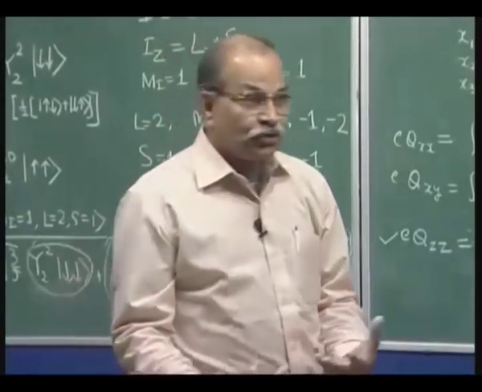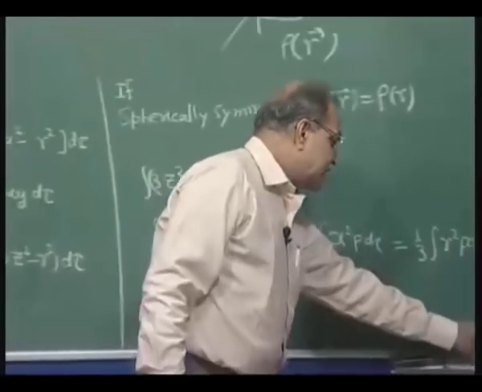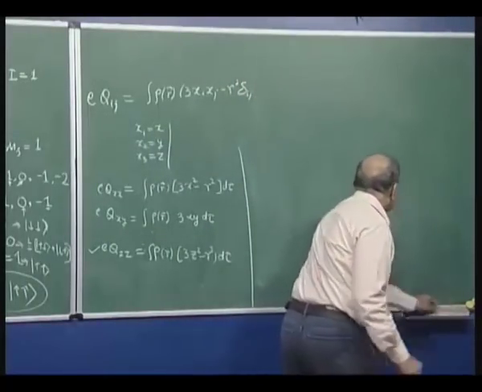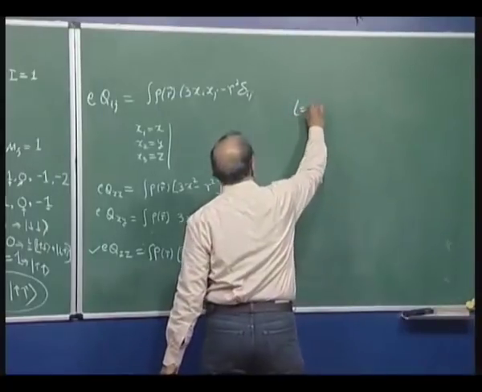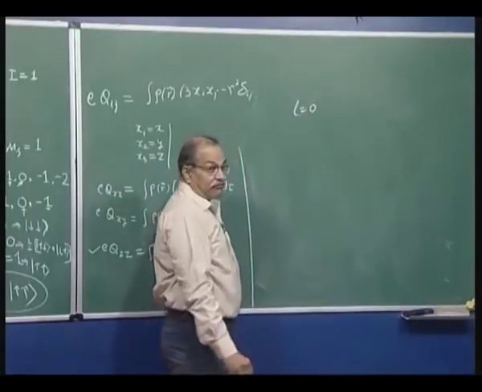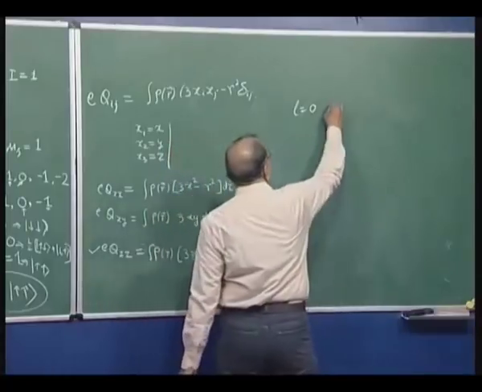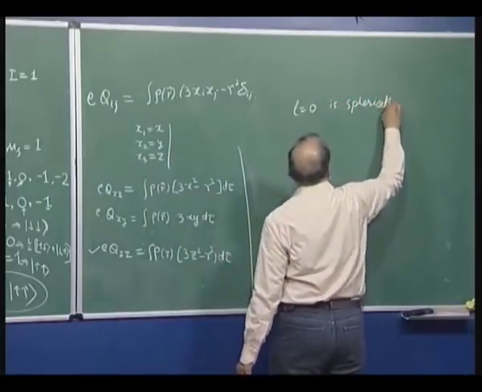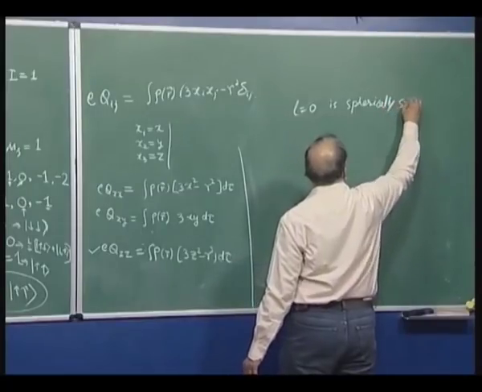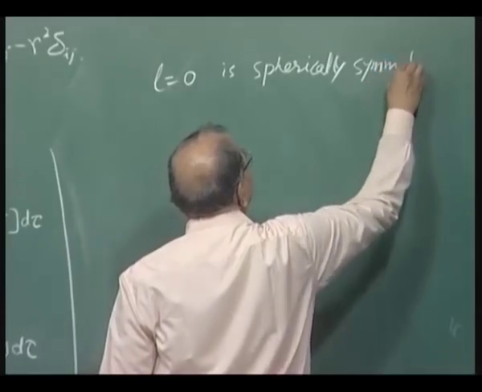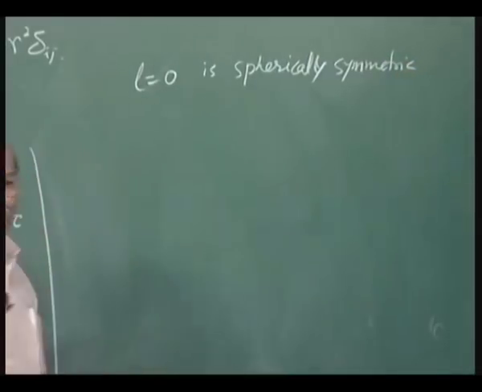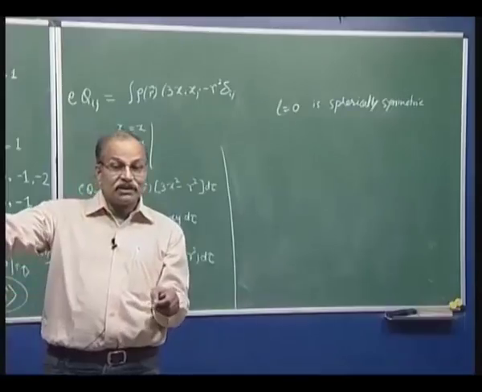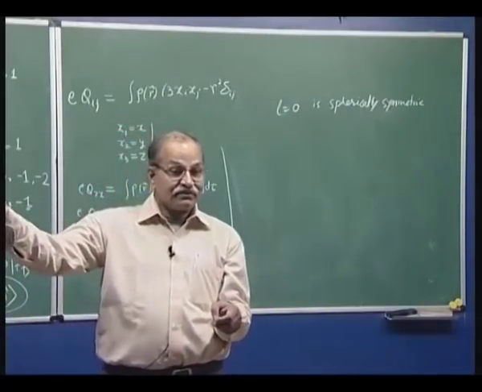Okay. Now, Deuteron, if it is a purely central potential and the wave function corresponds only to L equal to 0, if that wave function is spherically symmetric, does not depend on theta phi, does it? L equal to 0, Y 0 0 does not depend on theta phi, it is a constant.